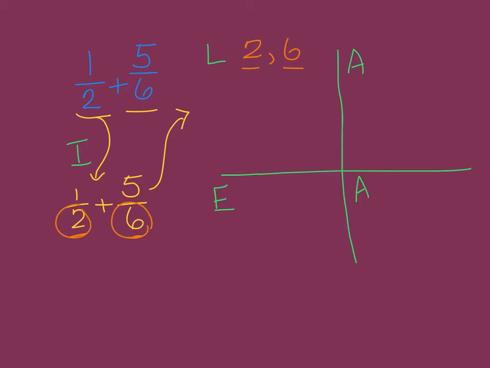If I look at 2 and 6, I know they're both even, and since they're both even, I know that 2 goes into both of them. So that helps me know that their least common multiple would be this 6 right here, because 2 certainly goes into the 6. So I know that the least common multiple is 6.